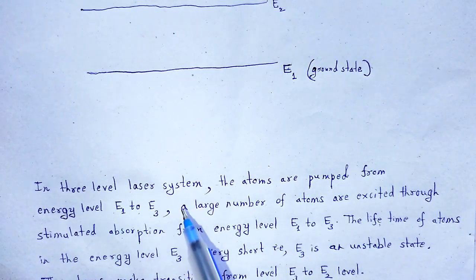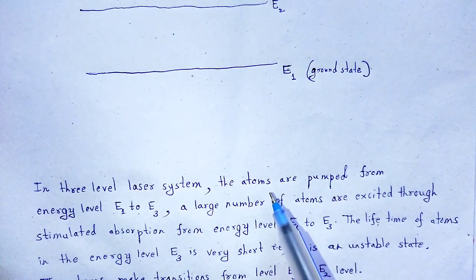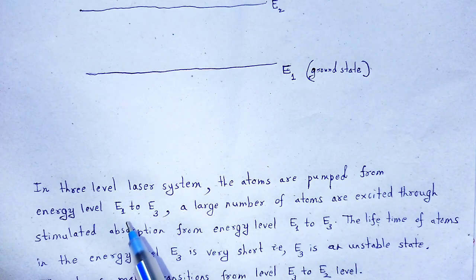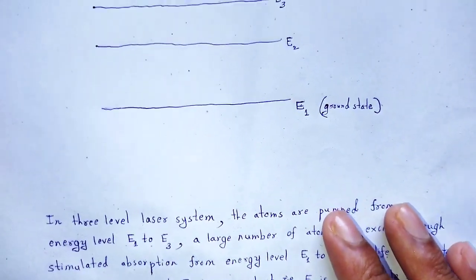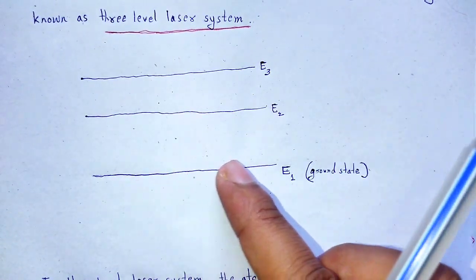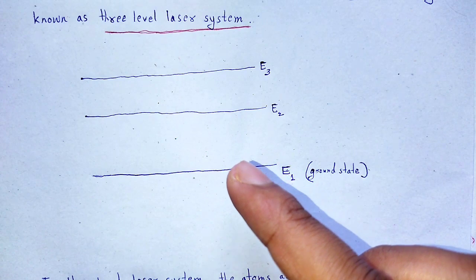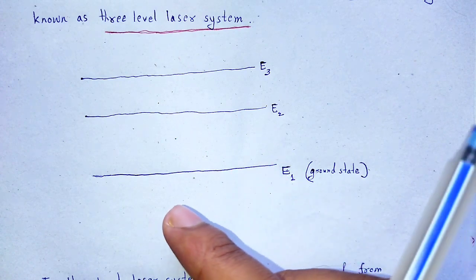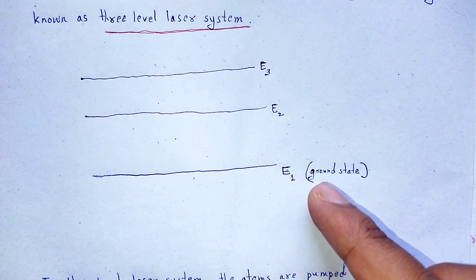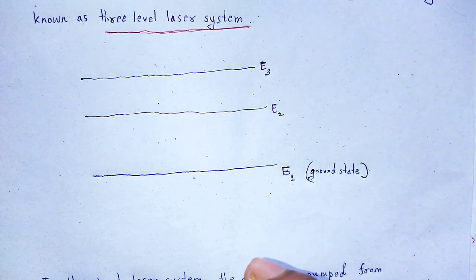In 3-level laser system, the atoms are raised from energy level E1 to E3. In energy level E1, there are atoms or electrons or molecules. Overall, we say the particles are present at the ground state E1.